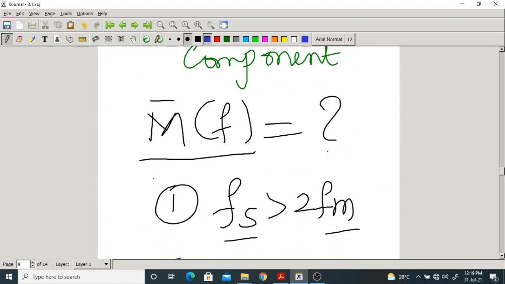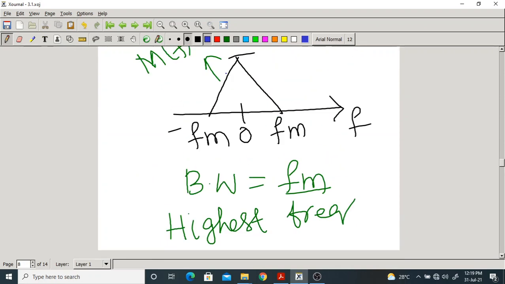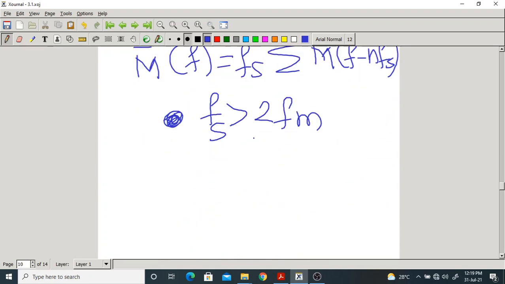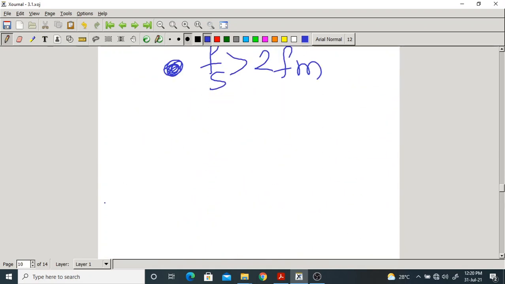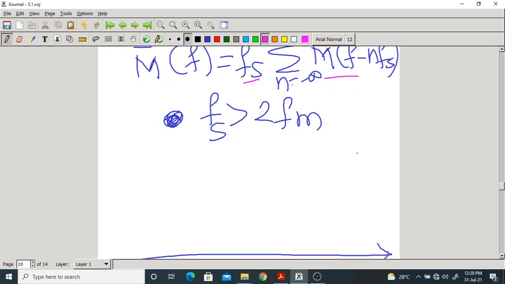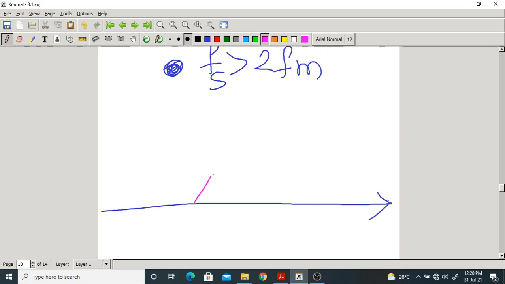First of all, where is M of f? This is M of f. It is shifted by Fs, and so on. Let me draw this. Here n varies from minus to plus infinity. First let us take n equal to 0. If n equal to 0, you get Fs into M of f. What is M of f? Somewhere here. This is 0, this is Fm, this is minus Fm. It is for n equal to 0.